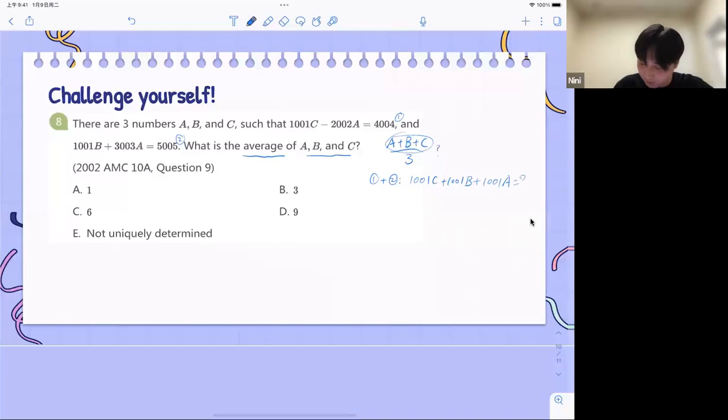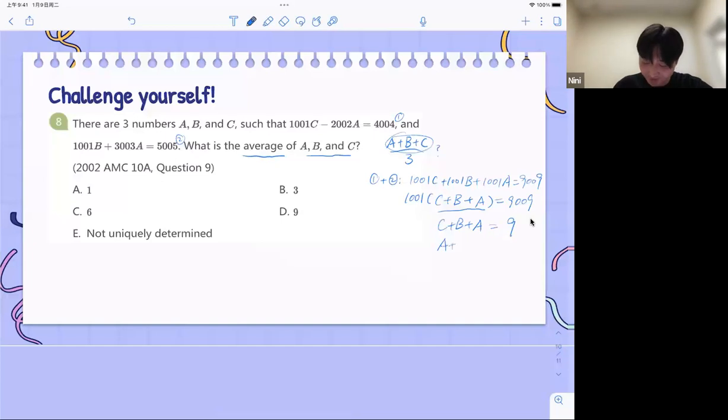For the right side, that would be, cool, actually we can do this: the C, B, and A. And this here would be equal to how many? 9, right? Okay, let's move it to a standard form.